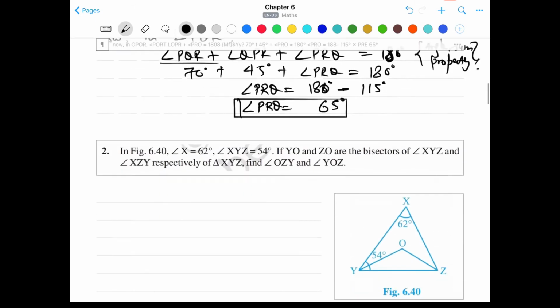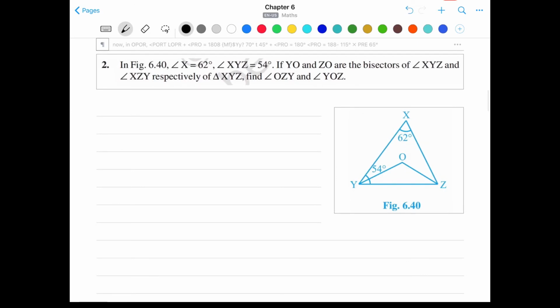Okay, now moving to the next one, we have in figure 10.40, angle X is 62 degree, angle XYZ is 54 degree. If YO and ZO are the bisectors of angle XYZ and XZY respectively of triangle XYZ, we have to find two angles.